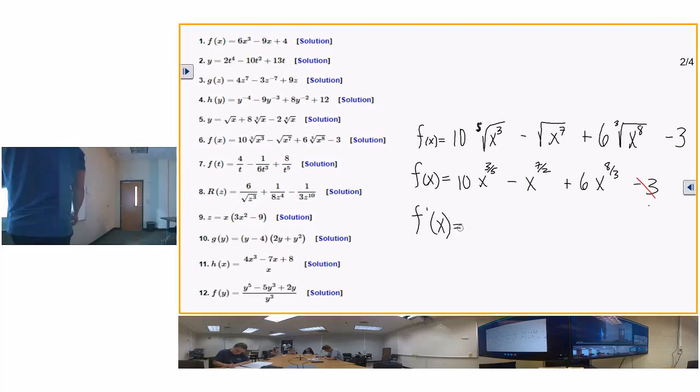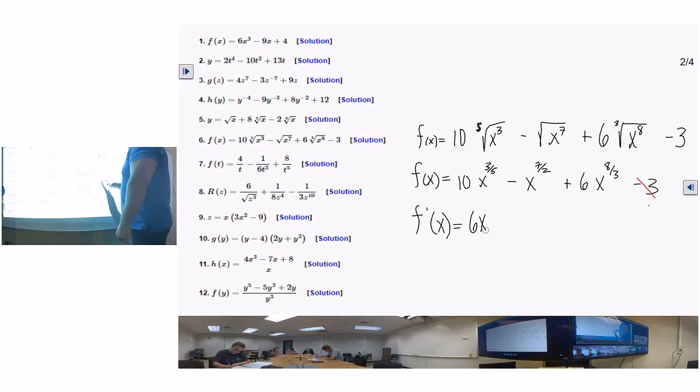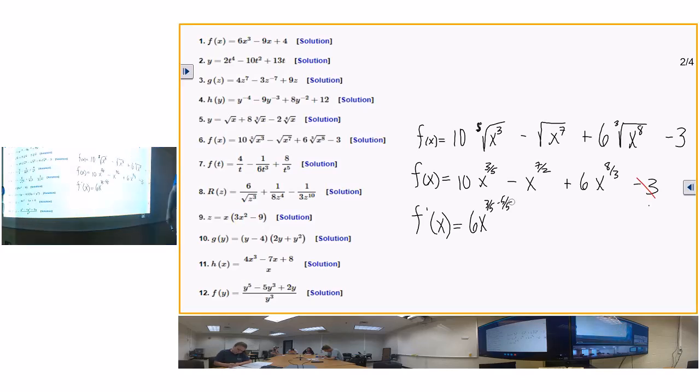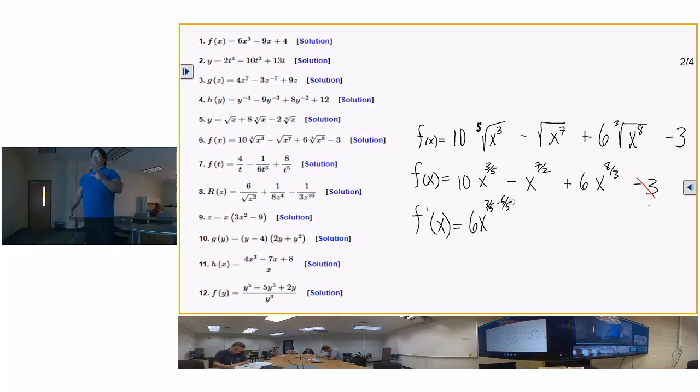Look, so what's 3/5 times 10? 6. Good job. X to the 3/5 minus 5/5. Now I do this, I don't care what calculus I'm teaching. Whenever I go over one of these rewrite problems, I always do this because there is something about fractions that y'all really struggle with.